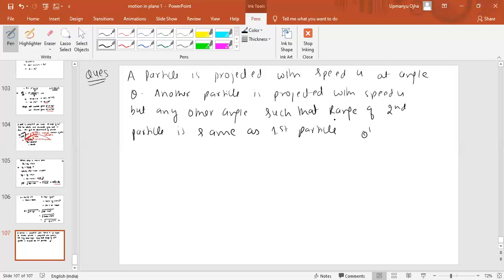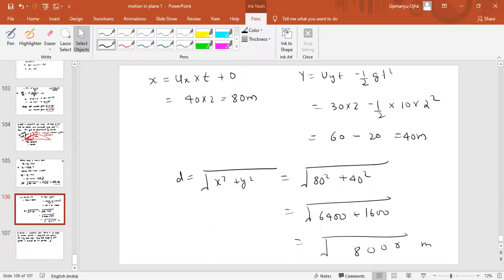90 minus theta. Okay, very good. So I think you all are getting 90 minus theta. Fine.